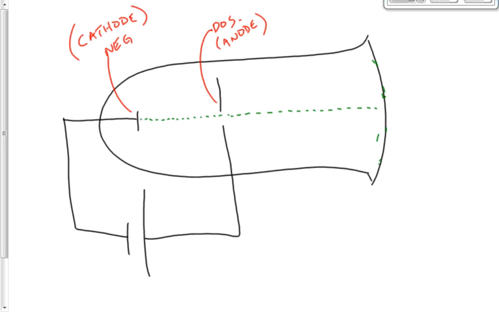Thomson, in 1897, introduced a magnetic field down here. This is a big deal, because when he introduces this magnetic field, all of a sudden, this mysterious greenish glowing, we called it a cathode ray because it left the cathode going toward the anode, changed direction.